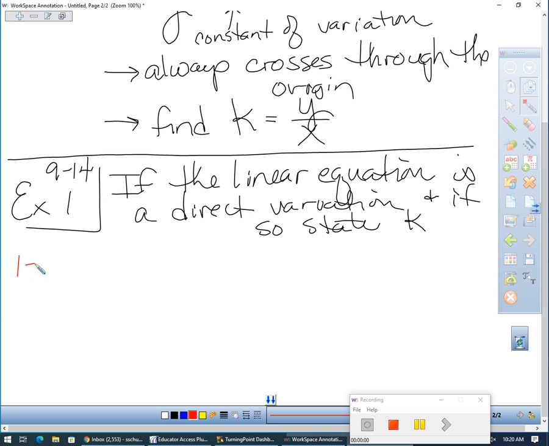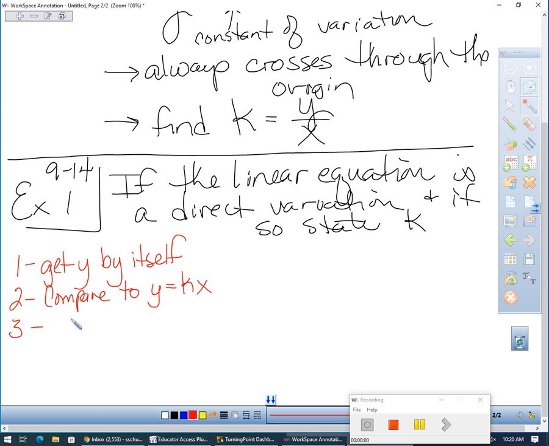The first thing you have to do is get y by itself. Step 2, compare to y equals kx. If they're both in that same form, state k. Seems pretty straightforward, right?